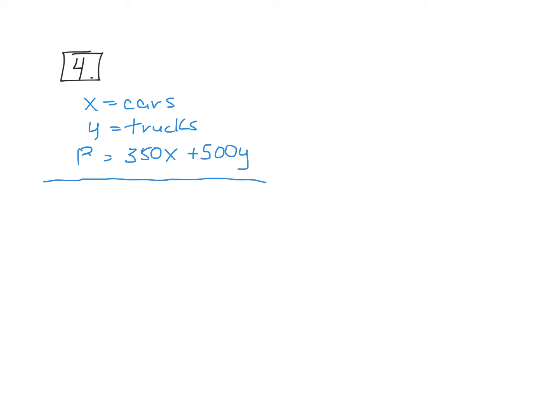Now, reading through it more carefully, it does talk about shop 1 and shop 2. Shop 1 is going to perform 3 person days on each car. So each x has 3 days, each truck has 6, and shop 1 does have 150 available.